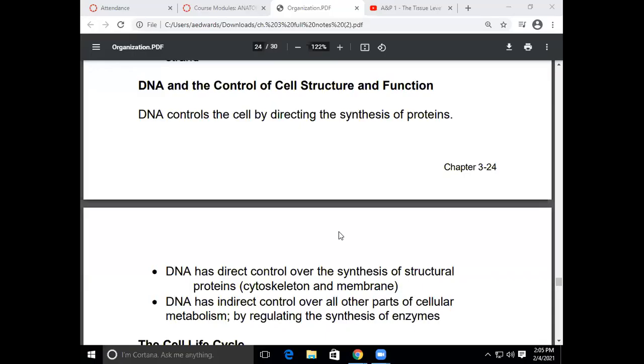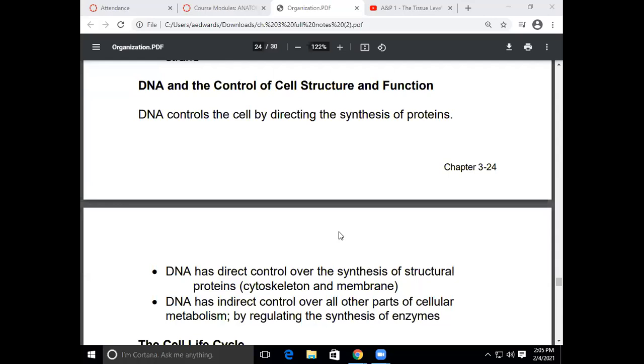All right, just talk a little more about DNA and the control it has over cell structure and function. I mean, we've talked about that specifically with transcription and translation, but let's talk about it a little more generally. So how does DNA control the cell? Well, I'm glad you asked. So it controls the cell by directing creation or production of proteins.